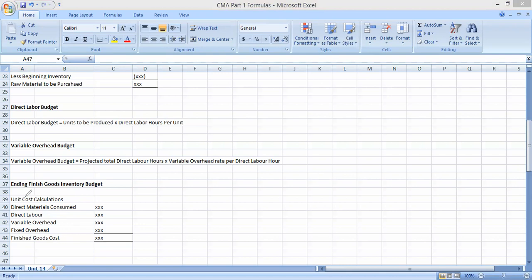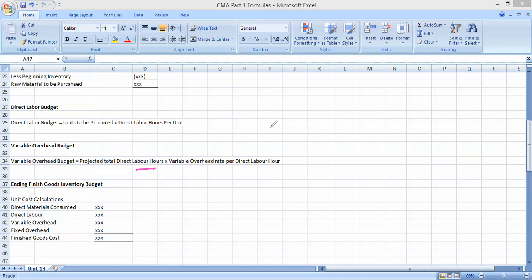So here, a simple one: the variable overhead budget will be equal to projected total direct labor hours multiplied by the variable overhead rate per direct labor hour. So here, the overhead allocation base is labor hours. Based on labor hours as the allocation base, we are estimating the variable overhead budget.